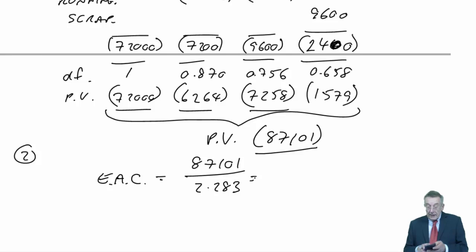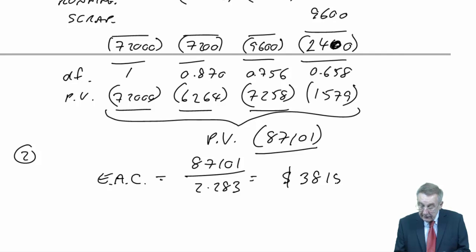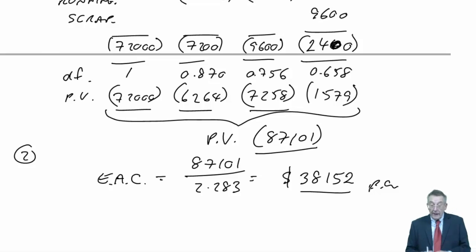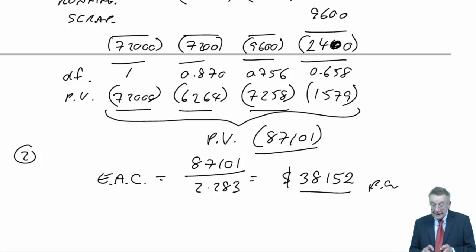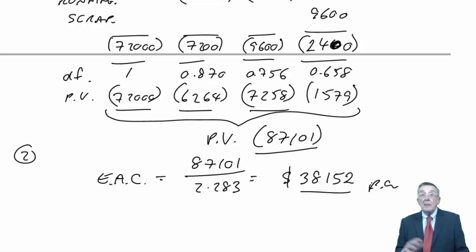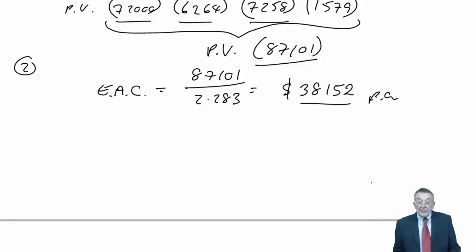And so this one is equivalent to £38,152 per annum forever. Have I got the right factor there, incidentally? 2.283. Yes, I have. Sorry, I'm still a bit scared I'm leaving the wrong figure. Yeah, that is right.